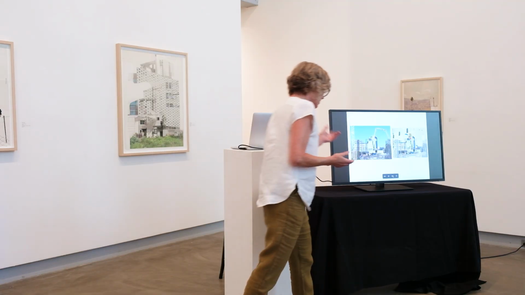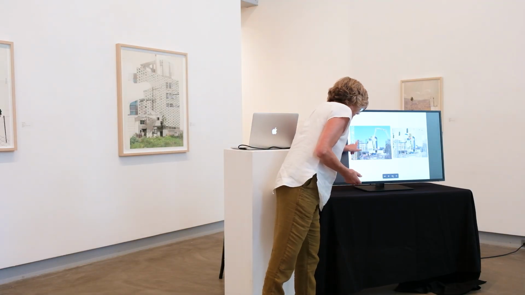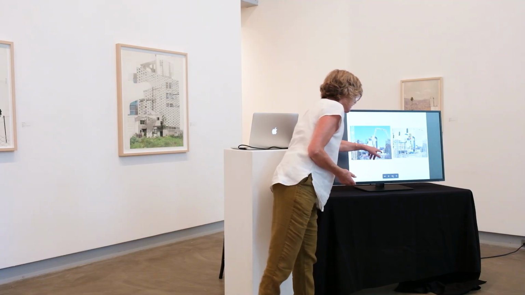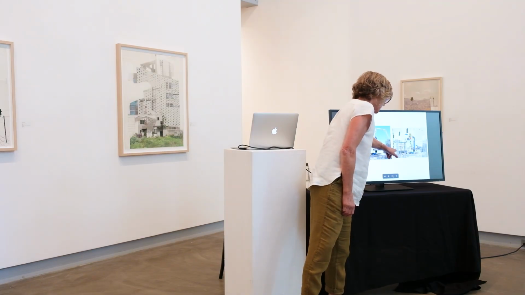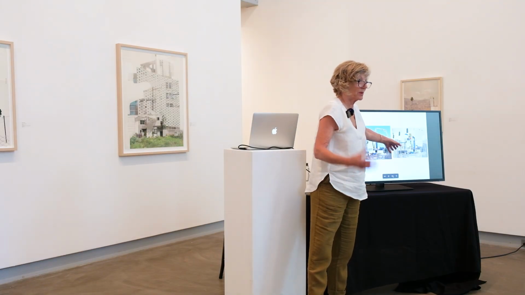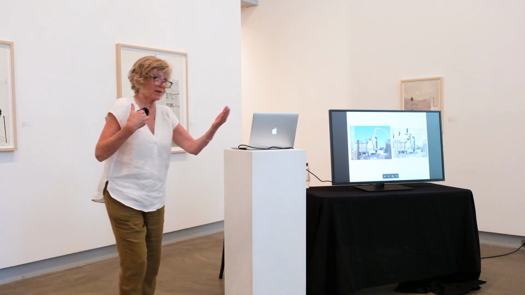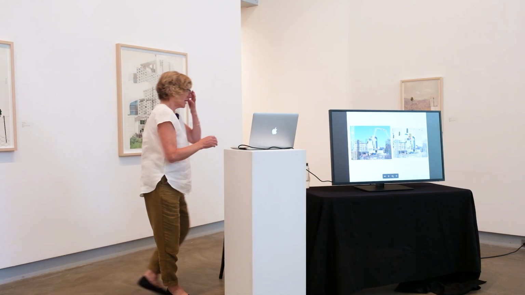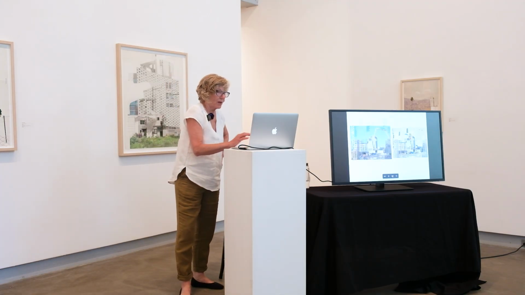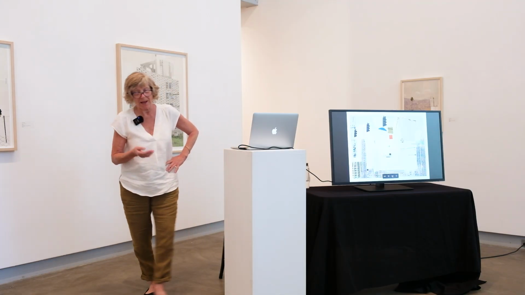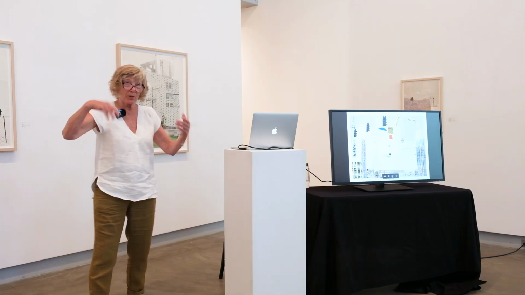So I cut them out and softened them a lot. I've made them black and white, a little bit transparent, and you can see how that makes the space act differently.